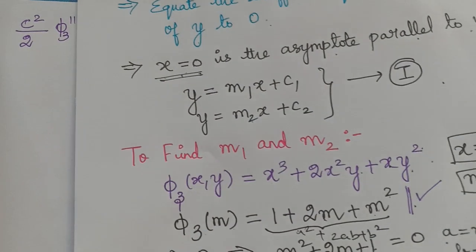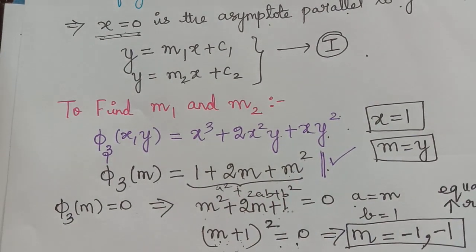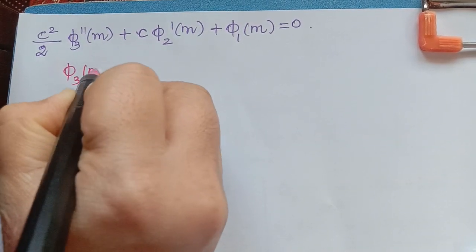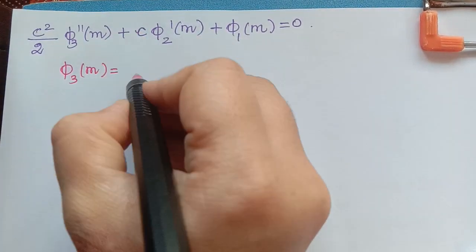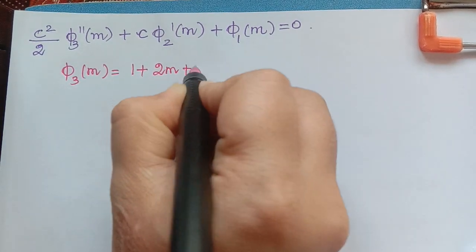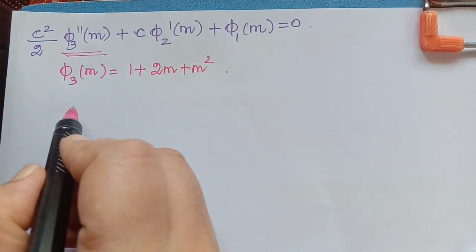So what is phi 3 of m? It is here 1 plus 2m plus m square. So let us take that and write here. So phi 3 of m is equal to 1 plus 2m plus m square. Now using this, we actually need phi 3 double dash of m.